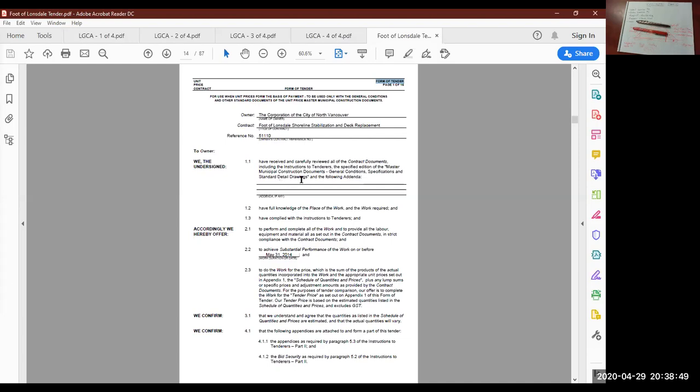This is where you list any addenda you've received for the project. Again, if 3 addenda have been issued and you skip this step, you run the risk of having your tender thrown out. Even if you're the low bidder, you may not be awarded the project because you didn't fill out this section. This is another important section.